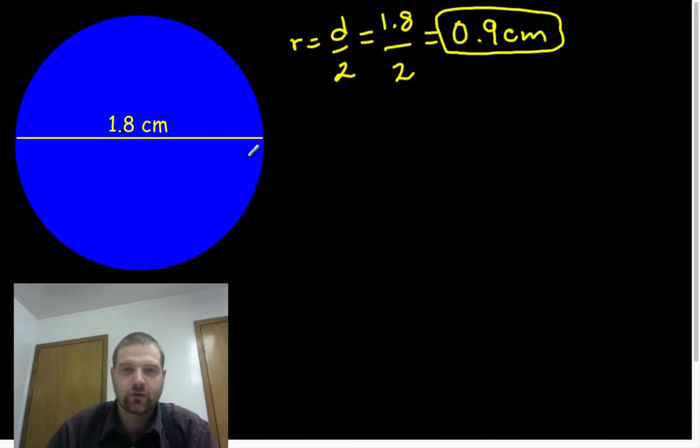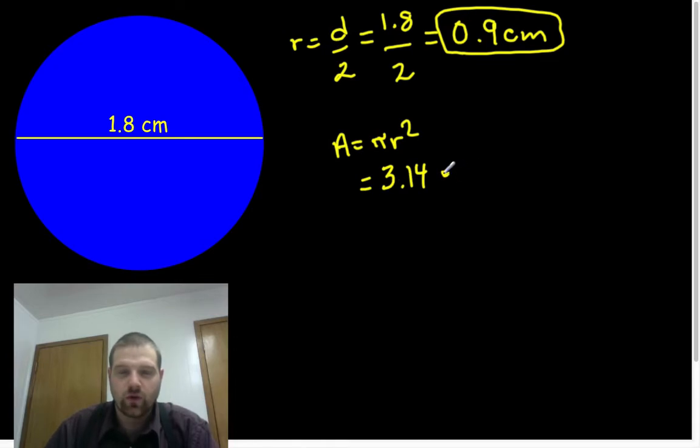So now that we have the radius, we can apply the area formula. Area is equal to pi radius squared, 3.14 multiplied, and this dot, when it's in the center and not at the bottom between numbers, means multiply. So 3.14 multiplied by 0.9 multiplied by 0.9.